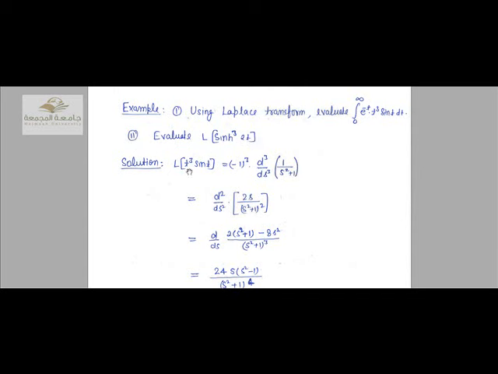L of t cube sine t is equal to minus 1 to the power 3 d cube over ds cube of 1 by s square plus 1.